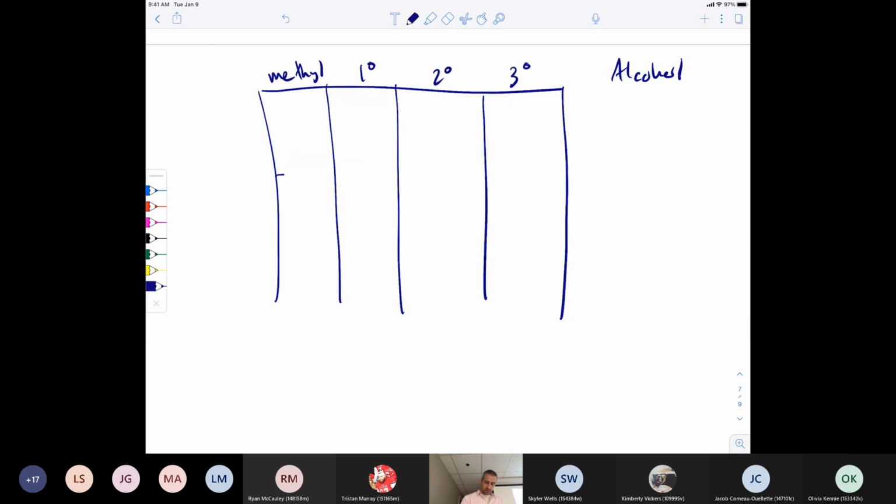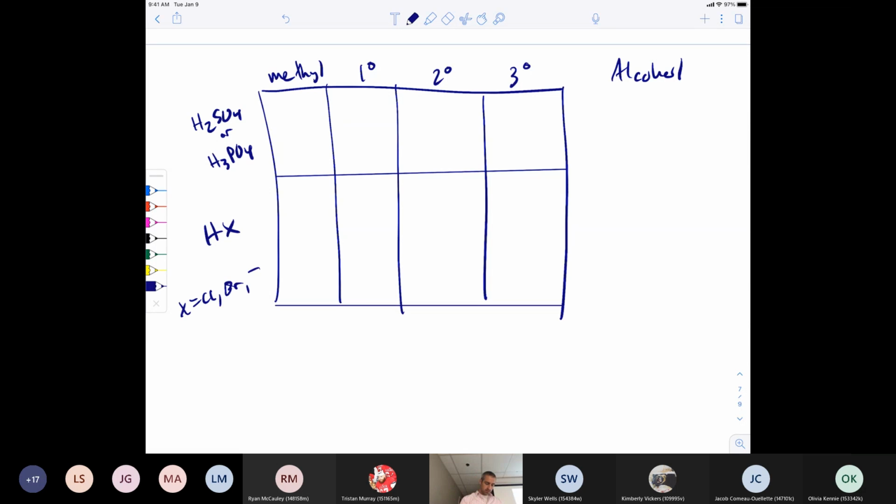I'm going to go like this. Make a nice box. We're going to have sulfuric acid or phosphoric acid, and we're going to have HX, where X is a halogen. Not just any halogen, one of those three.